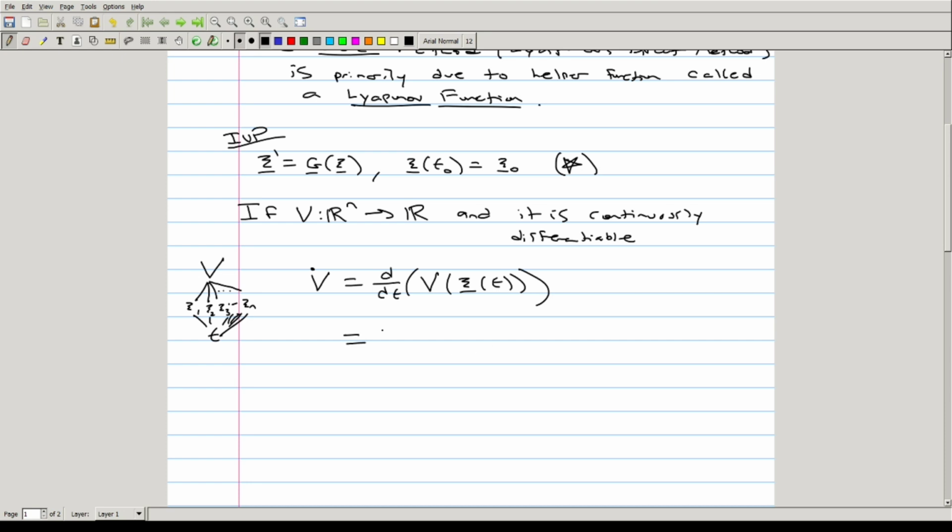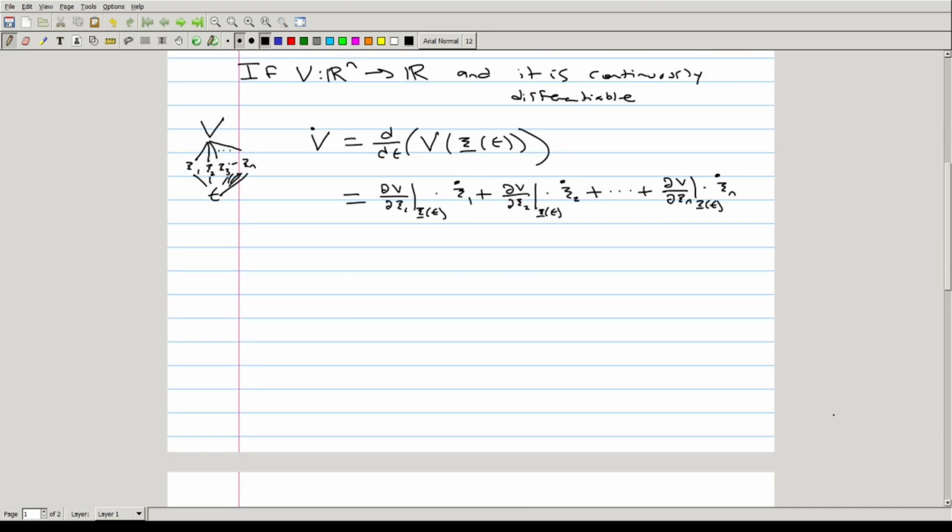So the multivariable chain rule then gives dv/dxi1 evaluated at the point xi of t times xi1 dot, plus dv/dxi2 evaluated on the curve xi of t times the derivative of xi2, all the way up to and including the derivative of v with respect to xi n on the curve xi of t times xi n dot.